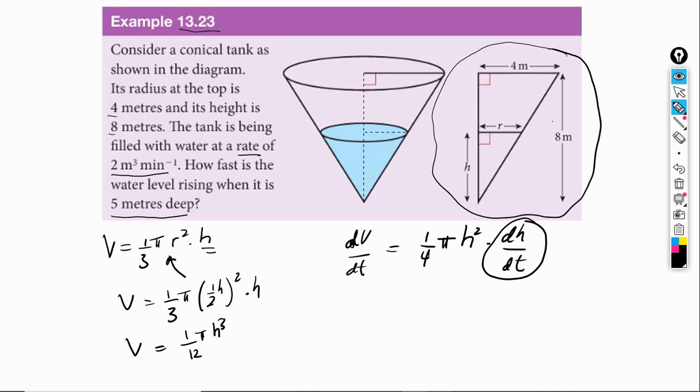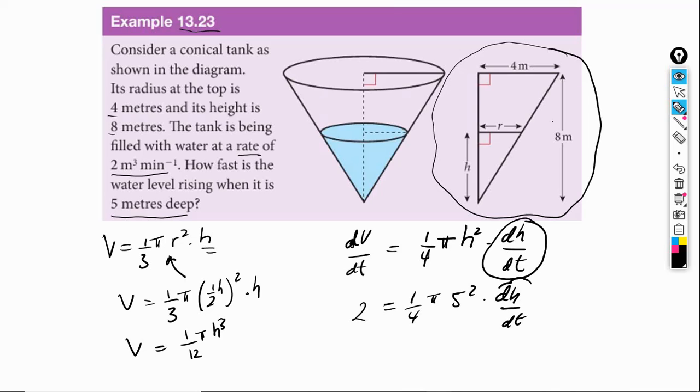So now what we have to do is plug in the information that we have. We know that the rate of change of the volume is going to be 2 because the tank is being filled at the rate of 2 meters cubed per minute. So this is equal to 1/4 pi times the height at that moment, which is 5. So 5 squared times the rate of change of the height.